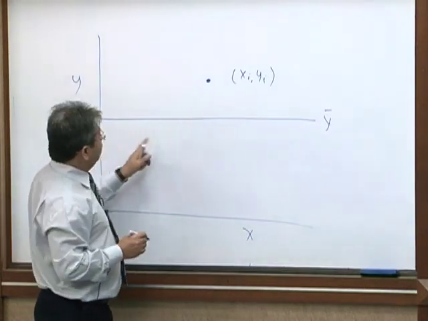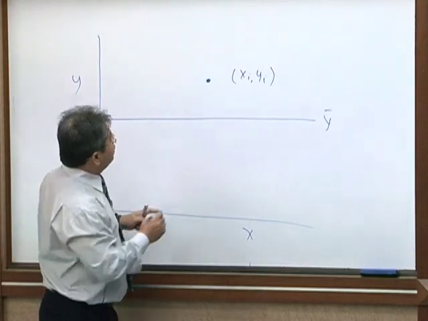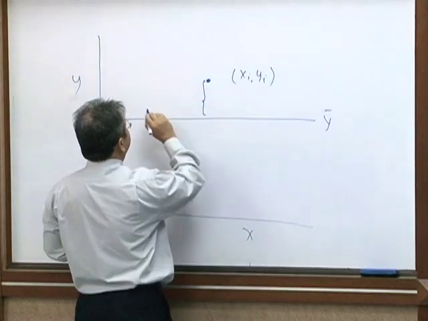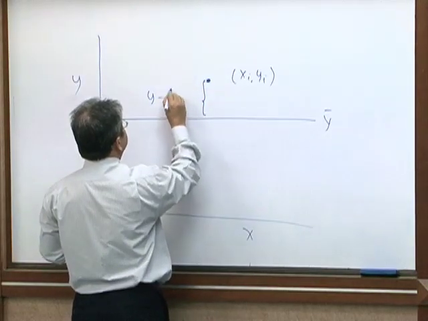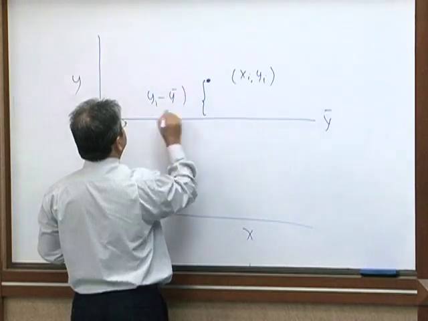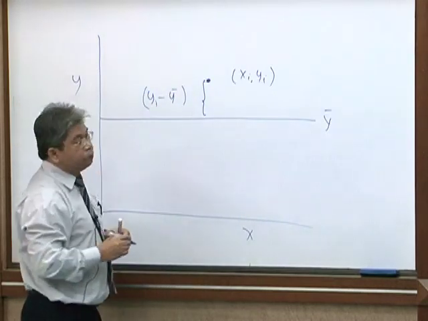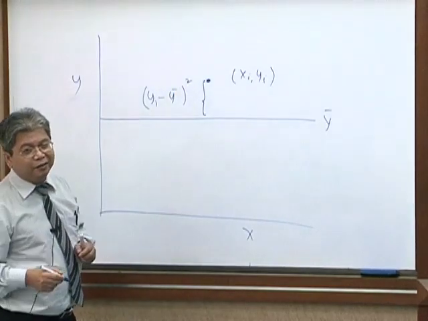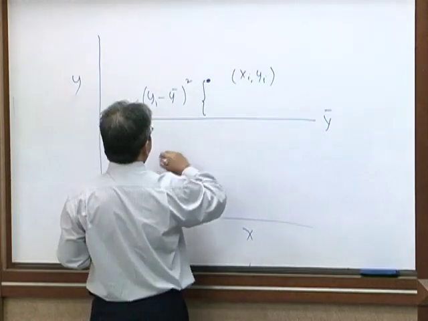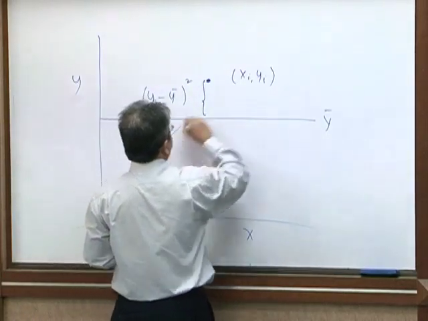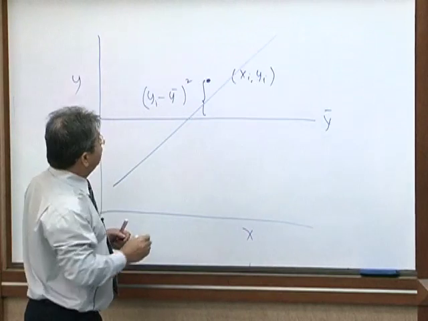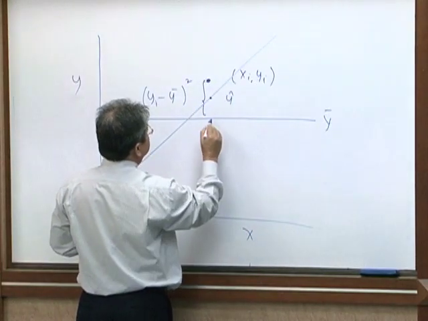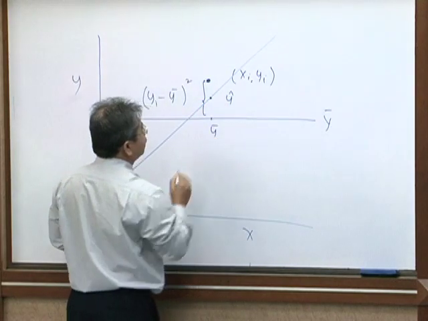Without the regression line, the total variance is the difference between the y value and y bar. So what is the difference between y bar and y hat? Y bar is the average value, y hat is on the line. So if we draw the line here, let's say this is our line.